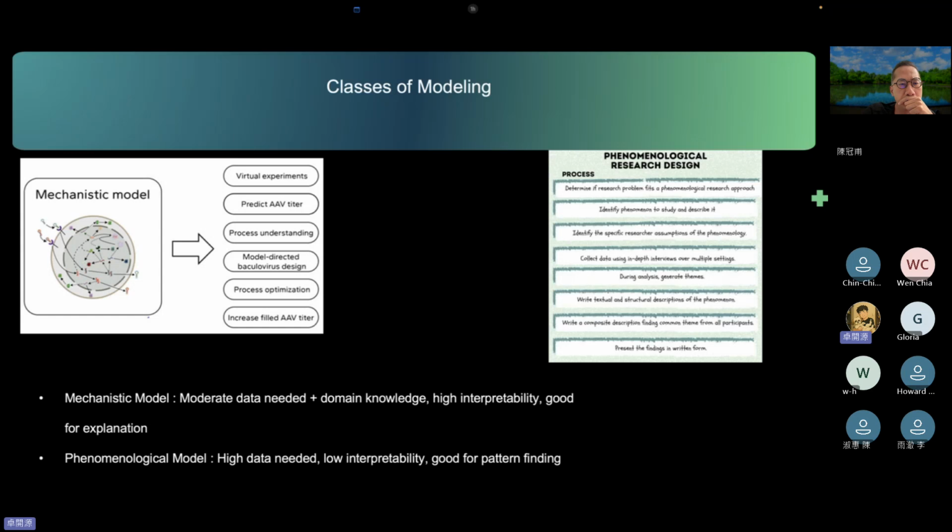In a mechanistic model, the data needed is more moderate compared to phenomenological, so it doesn't need as much data as deep learning does. The mechanistic model is good for high interpretability and explanations, while the phenomenological model is good for predictions and pattern finding, as I mentioned repeatedly.